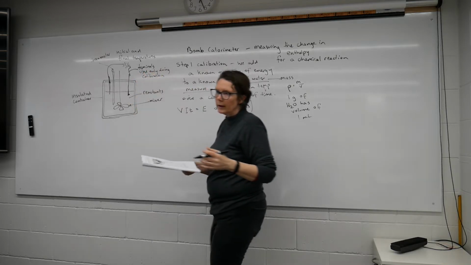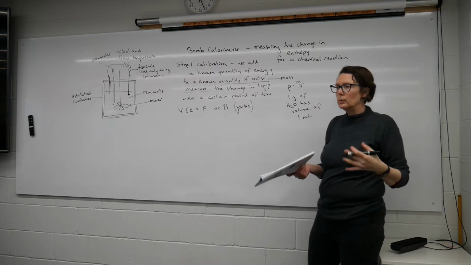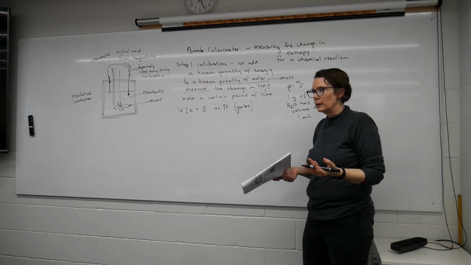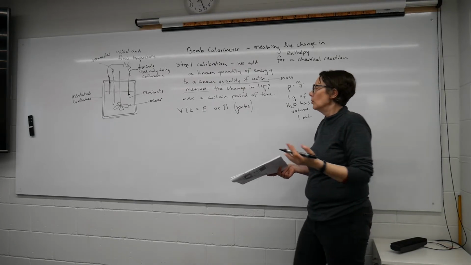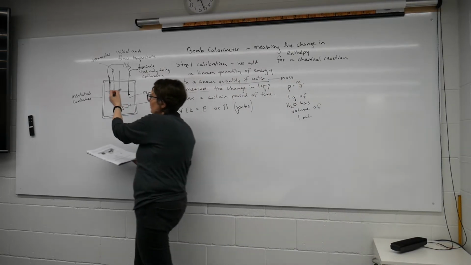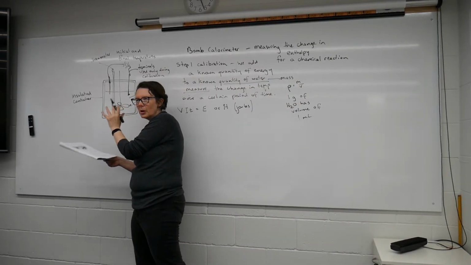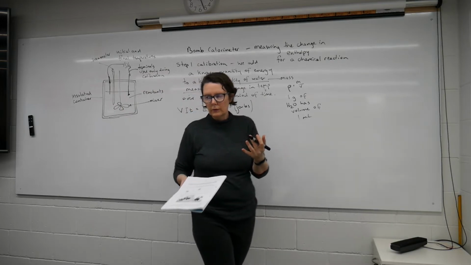Okay, so we're zapping the water, and then we want to measure the change in temperature of the water. And then what we know is, we know how much energy we've put in, and we know how much the temperature has changed for the water.